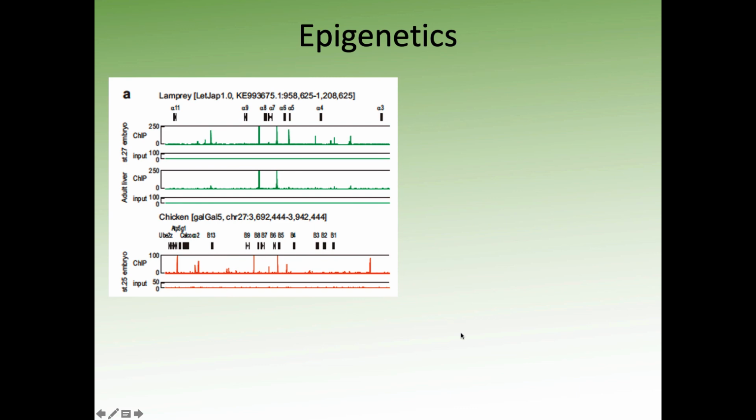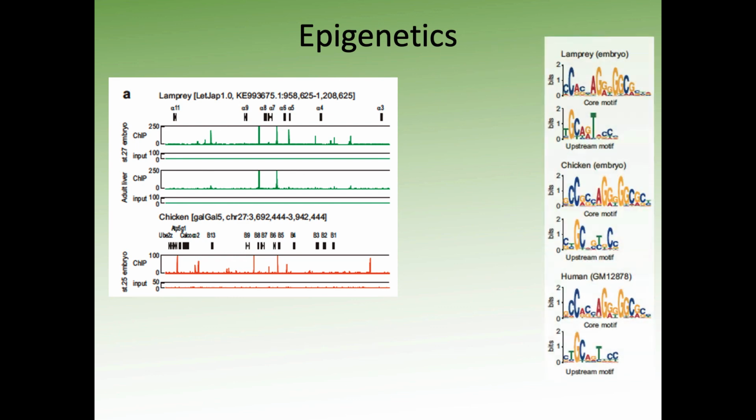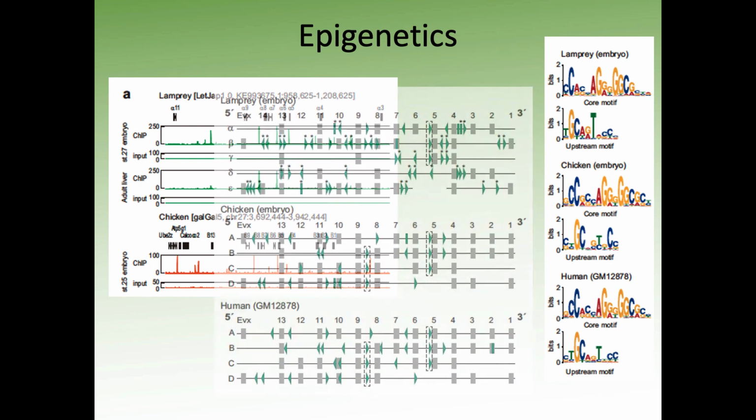So from a comparative standpoint, you can do things like compare the status of different histone modification patterns across species. You can look and say, okay, where these things were bound. Do we see any specific motifs that are shared between things like chicken and lamprey and human that help us understand how epigenetic control has evolved?